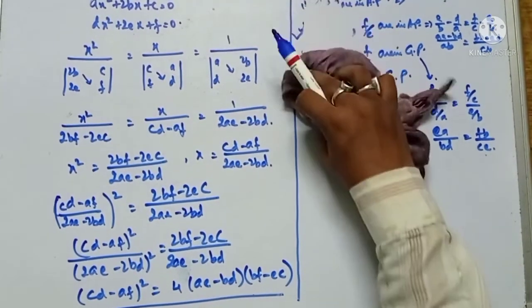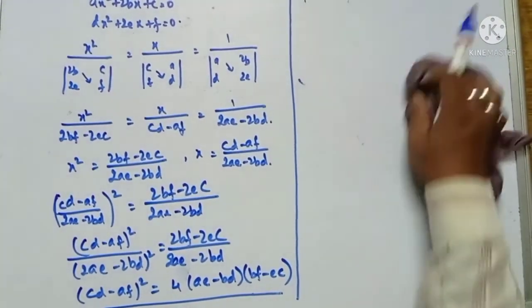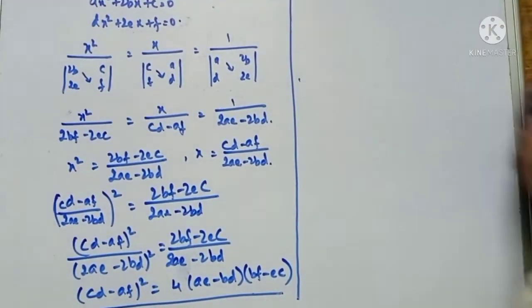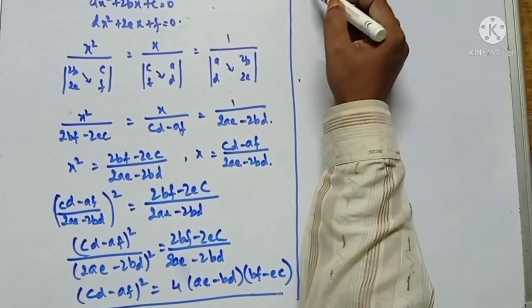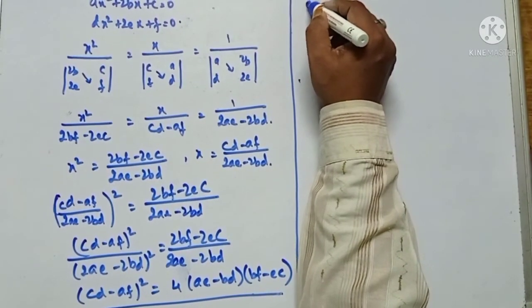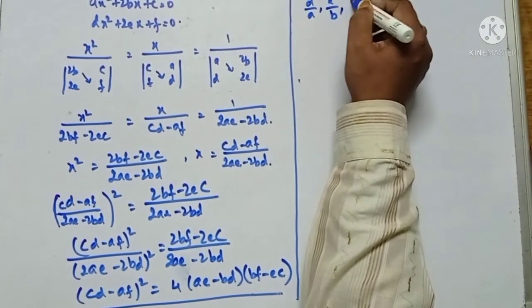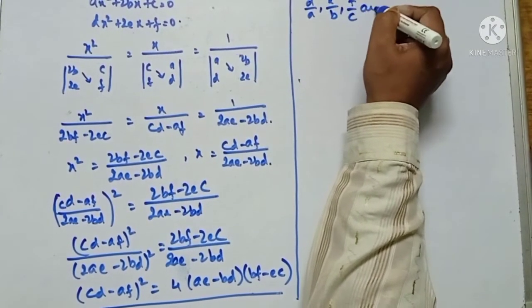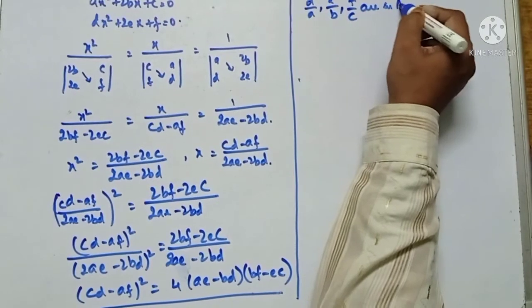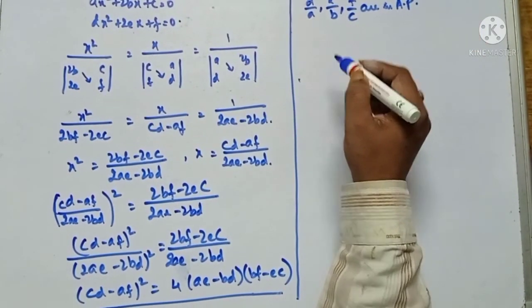I have selected the second option, that is D by A, E by B and F by C are in AP. So now let us see what happens.